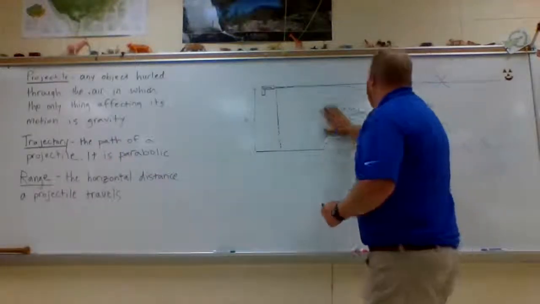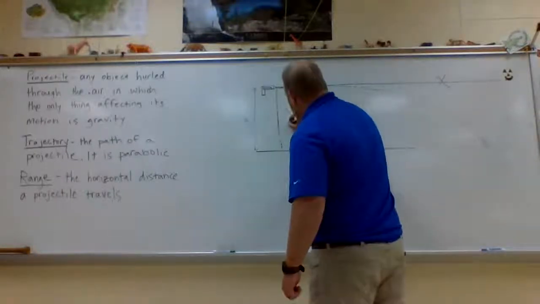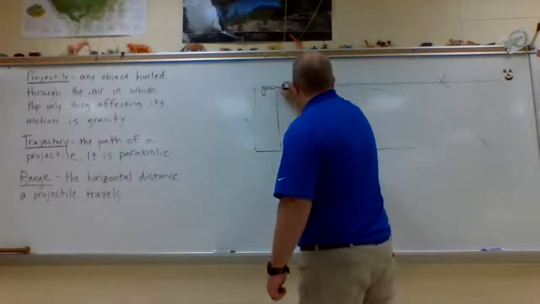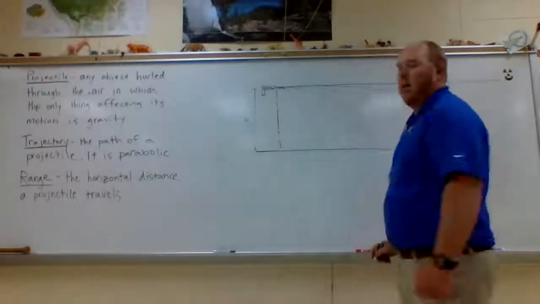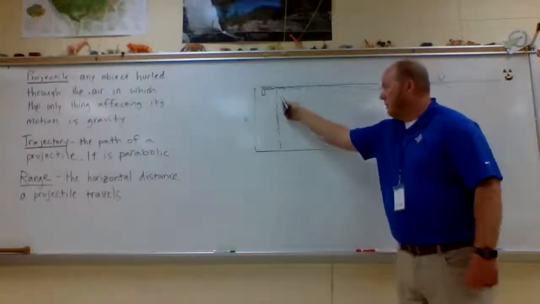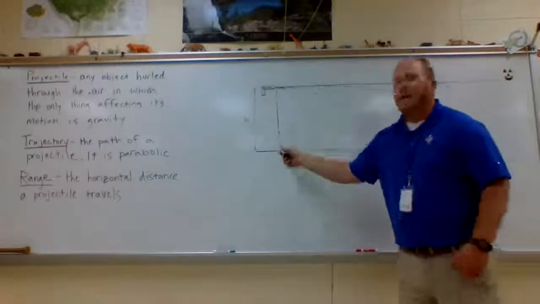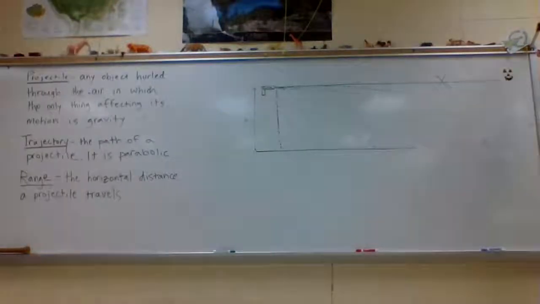That's why we get this kind of look, no matter how fast it's going. It's the same here as it is here and here and here and here and here and everywhere in between. Okay, so let's go back to the magic gun.